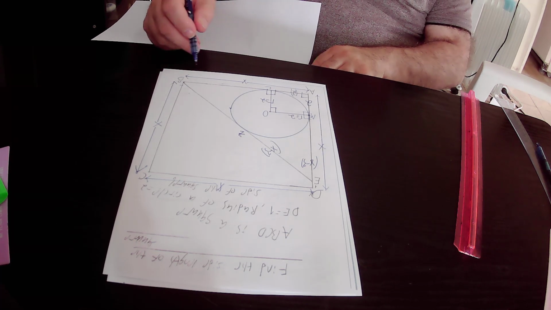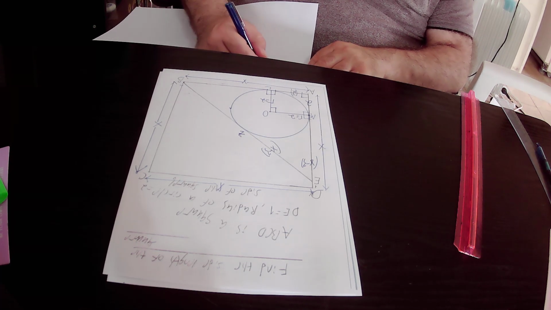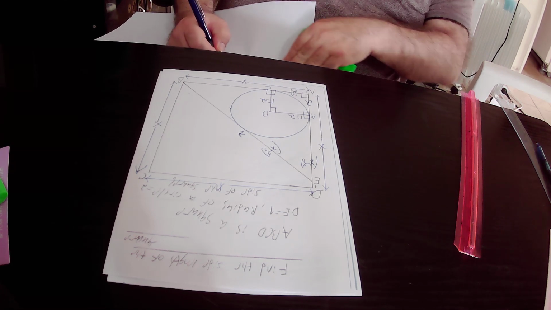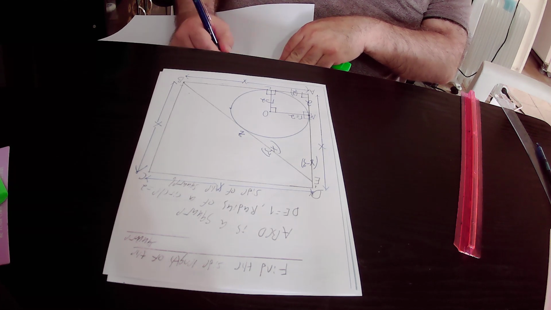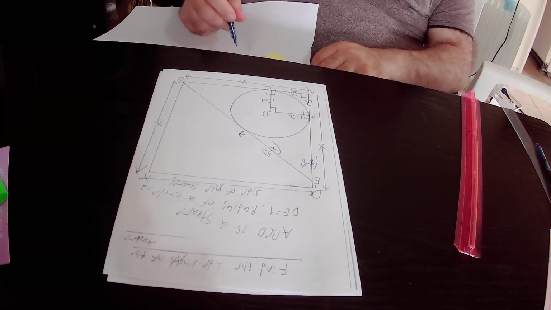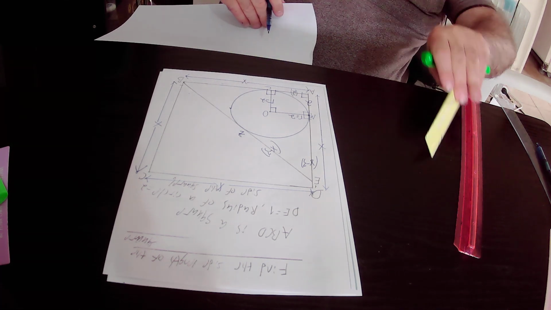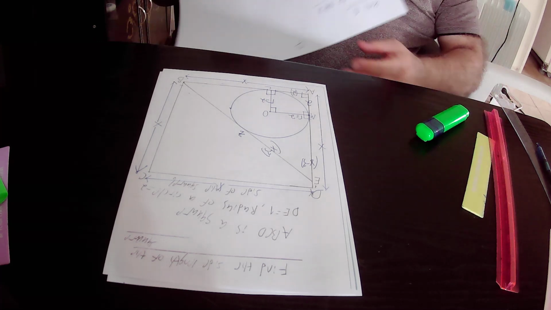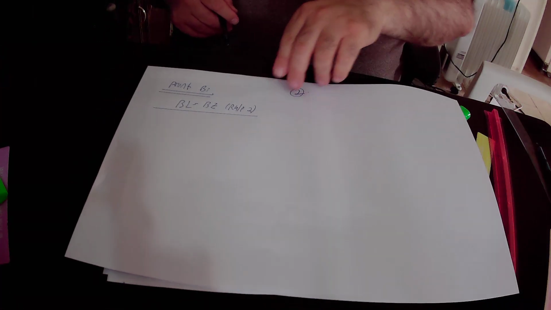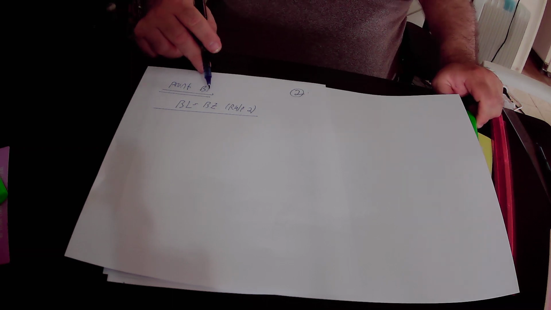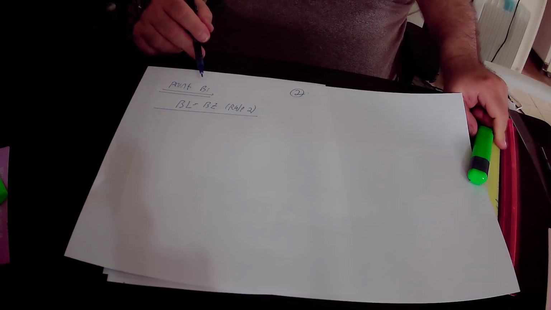The first tangent is tangent BL. And the second tangent is tangent BZ. And according to rule number 2, we know that the lengths of those two tangents must be equal to each other. That is to say, BL equals BZ according to rule number 2.